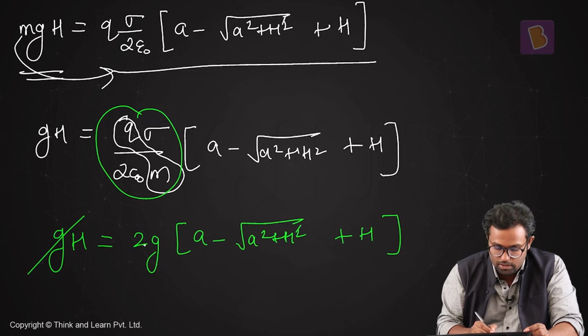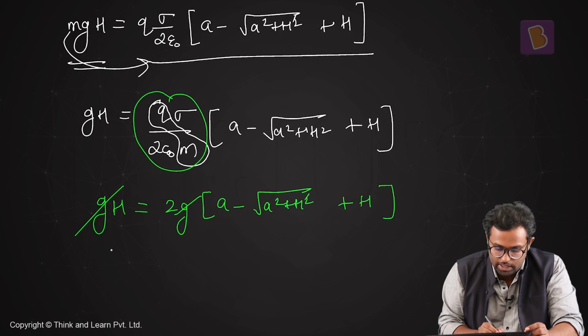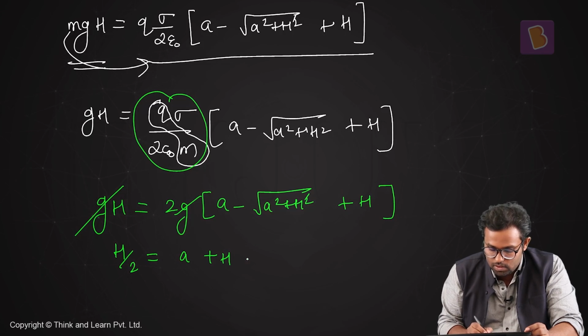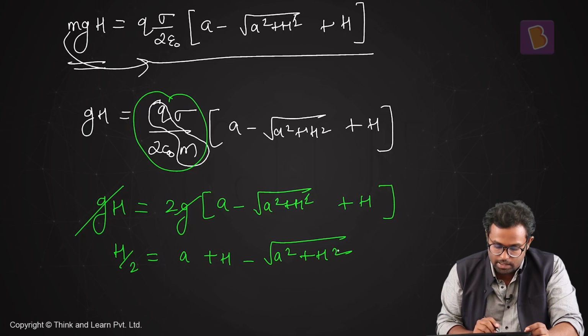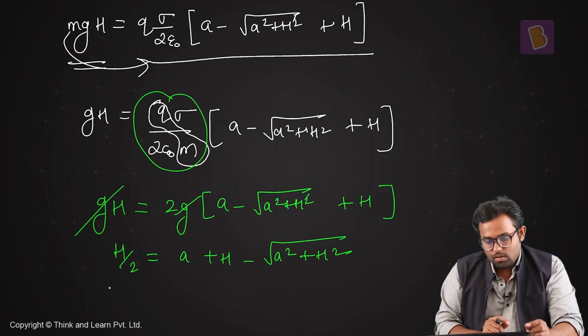This g and g would also get cancelled. So you get h by 2 is equal to A plus h minus root over A square plus h square.